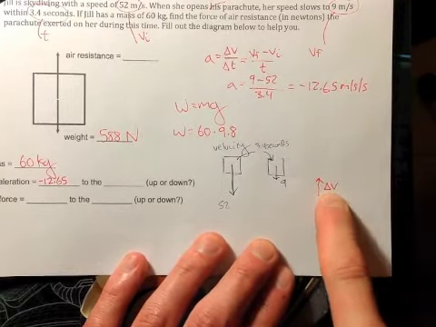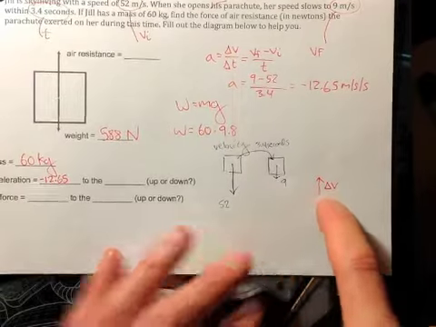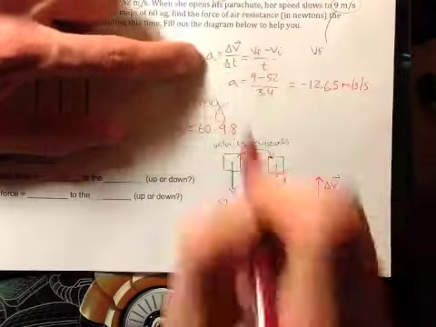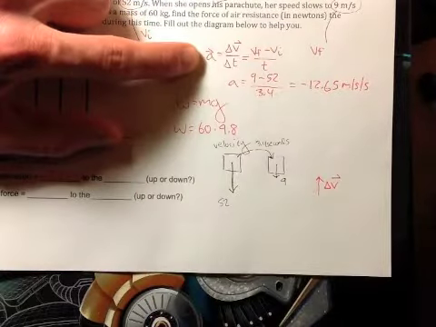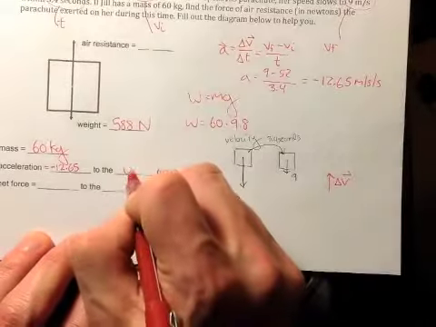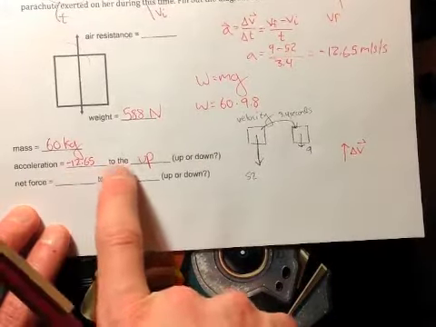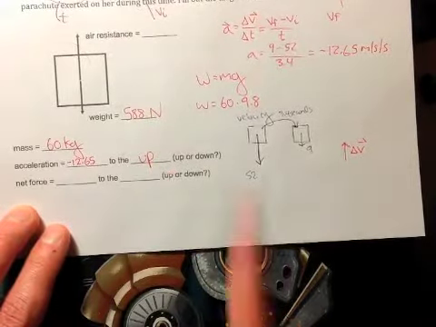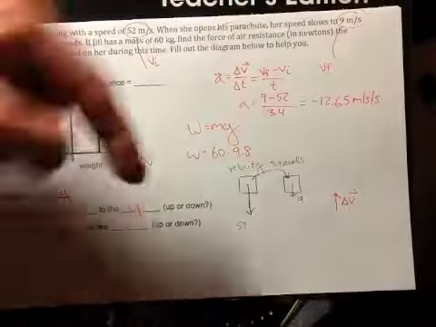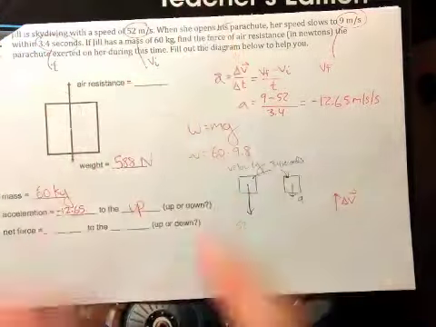Now remember that this change in velocity, if you watch the other video, points in the same direction as the acceleration. So her acceleration points up. I realize it's kind of awkward to say her acceleration points up. But her acceleration points up because she's losing speed and her velocity points down. Okay? So they point in opposite directions.